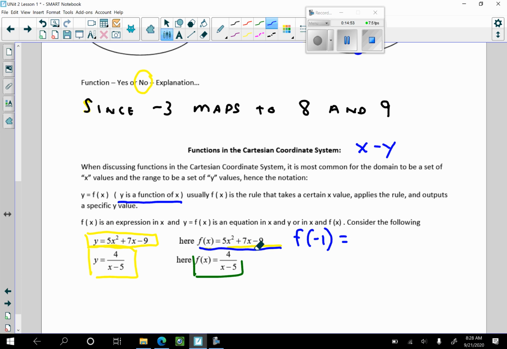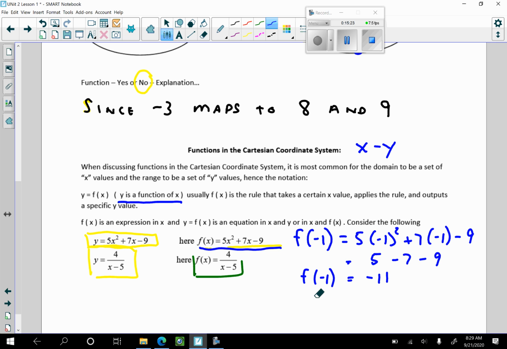I simply put -1 in wherever I see x. Negative 1 squared is 1. That's going to be 5. 7 times negative 1 is negative 7, minus 9. This is going to be negative 16 plus 5. I believe that's going to be negative 11. So f of negative 1 is equal to negative 11.